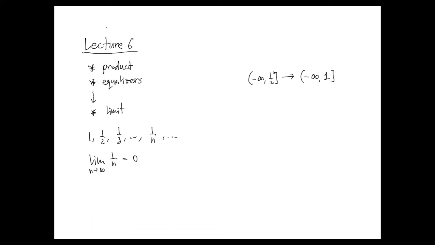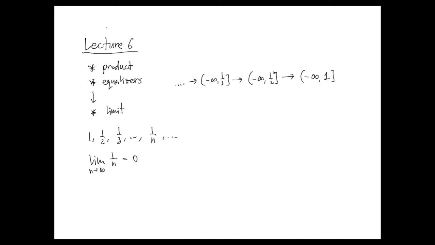And that one has a subset, minus infinity to 1/3. And it goes on like that infinitely. So this is how we can think of these numbers as objects living in the category of sets.